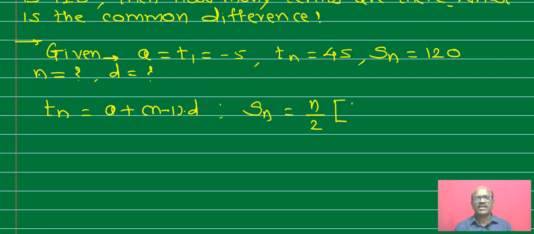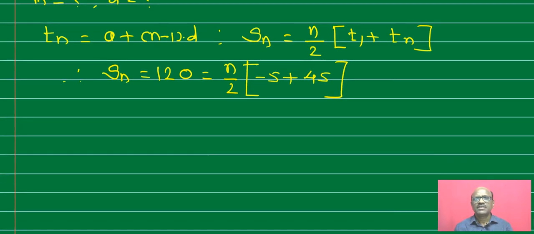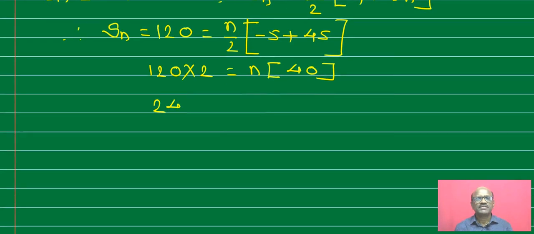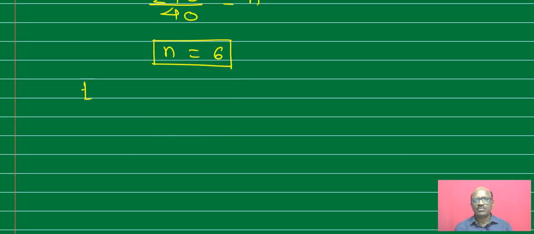Sn is equal to n upon 2 in bracket t1 plus tn. Therefore, by using this formula, Sn is 120, n upon 2 in bracket t1 is -5, tn is 45, that is 120 into 2 is equal to n in bracket -5 plus 45, that is 40. Therefore, n is equal to 240 upon 40, that is n is equal to 6.